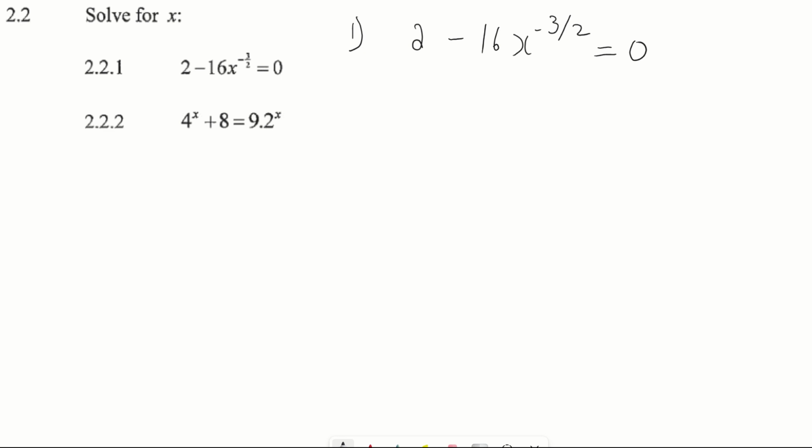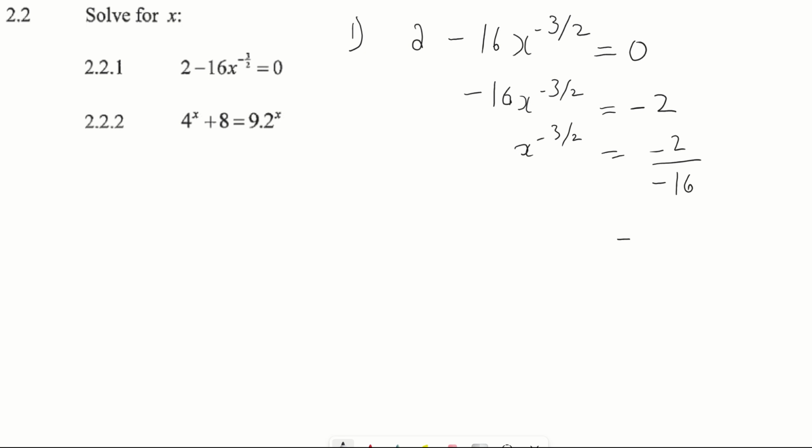So now you can say here, I've got negative 16x minus 3 over 2 is equal to negative 2. I am treating this equation as any algebraic equation, and I'm going to divide by the coefficient of x, which is negative 16, so negative 2 divided by negative 16.